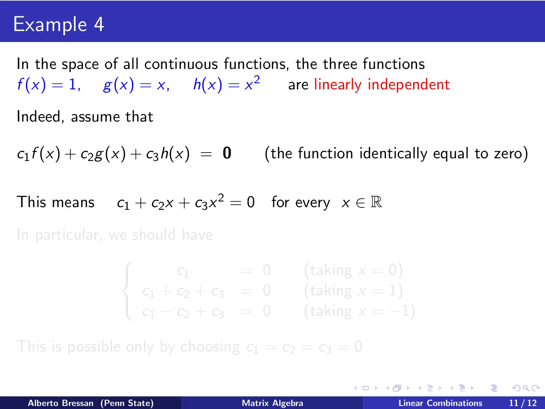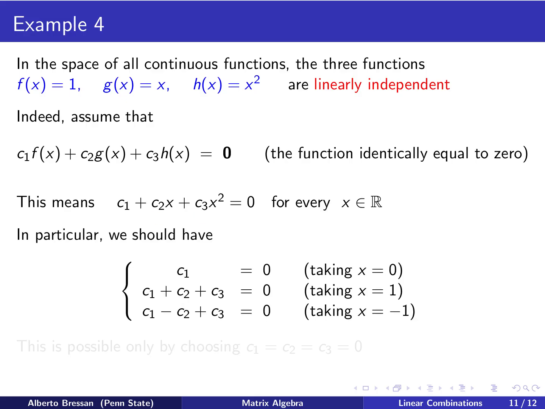And let's see, is it possible to find the coefficients c1, c2, and c3 here? Well, one way one can do would be to take different values of x, because this equation holds for every x, right? So we can take different values of x, and then we'll obtain constraints for the coefficients, equations for them. So let's try 3 values of x.